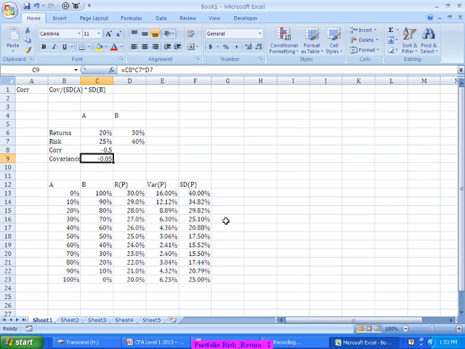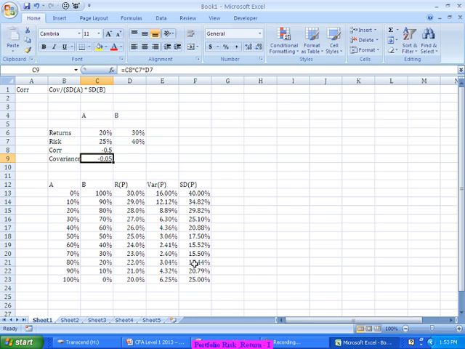Overall risk can be brought down to 15%, whereas the individual risks are 25 and 40. But return is still 20 to 30 only. That is why we say, for a small compromise in the return, if I can bring down the risk drastically, that is what we call a good portfolio.